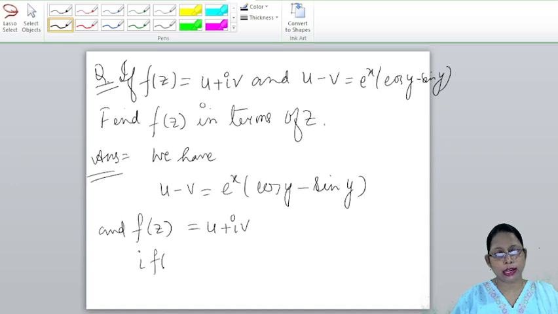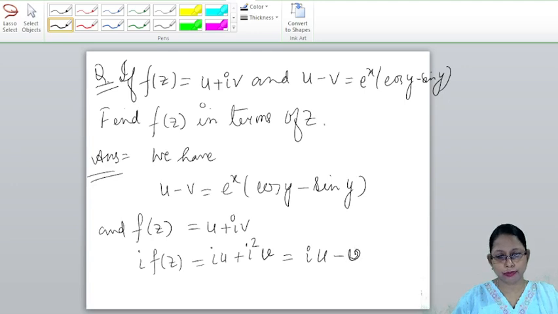Therefore, if I multiply the second equation by i, it will be iu plus i square v, so this is iu minus v.